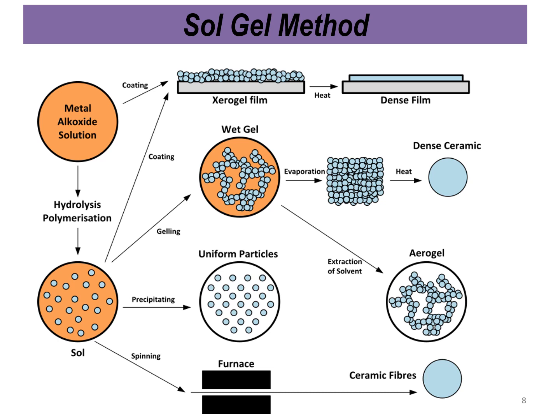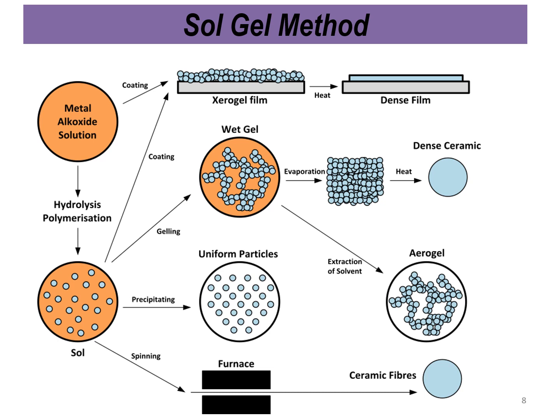If we apply heat to this substrate, we obtain a dense film on the surface of the substrate. The metal alkoxide solution, through the process of hydrolysis and polymerization, gives us a sol, and this sol could also be coated on the surface of a substrate.